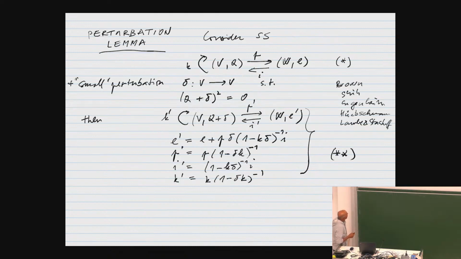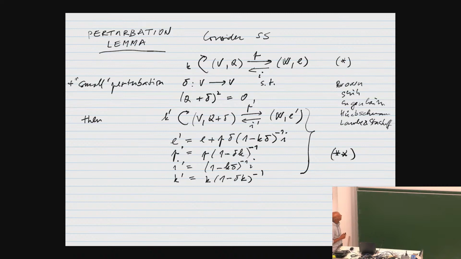And what is the perturbation lemma about? So you start with the standard situation like before, and you perturb one of the differentials, Q, by a small perturbation. So you add something of degree 1 so that the sum again squares to 0. And the perturbation lemma tells you that you can obtain a new standard situation starting from the perturbation.